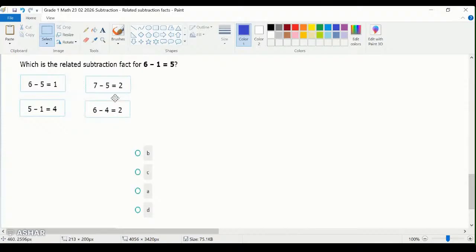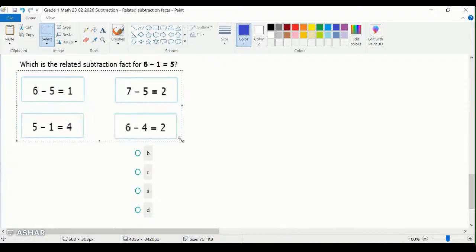Let's have a look over here. Which option should be correct? This is our question number 3 from the test, and this is option A, B, C, and D. So can I have the answer to question number 3?